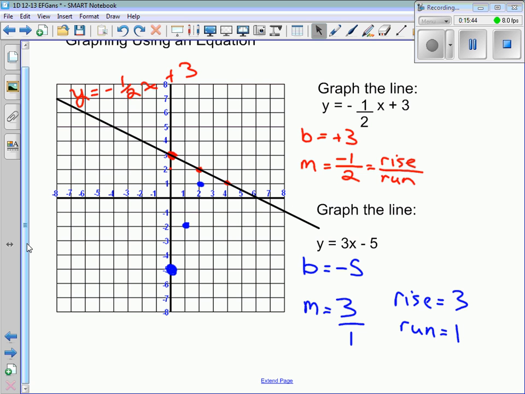Connect them all with a nice straight line. There we go. And if we want to, we can label it. This line over here is y equals 3x minus 5. Okay? And we're done.